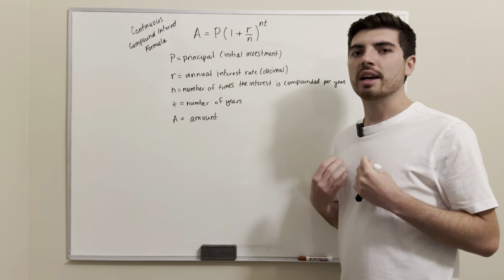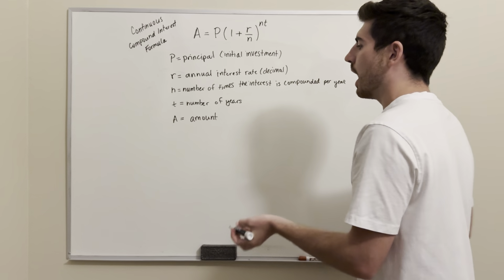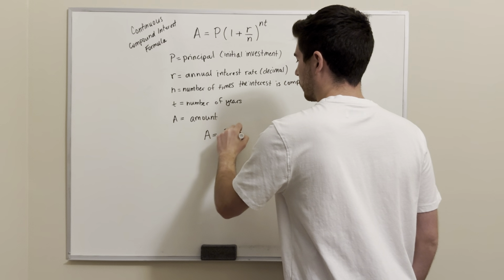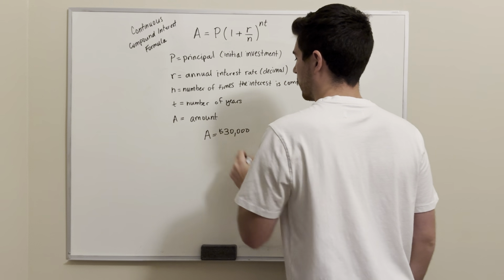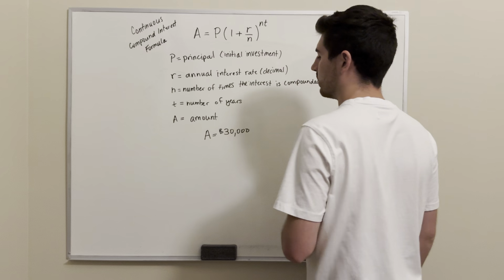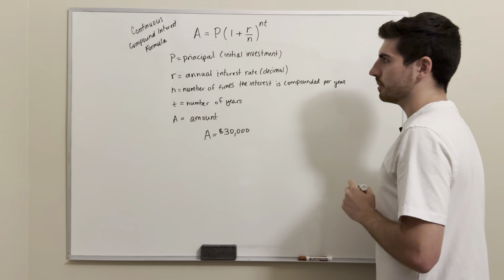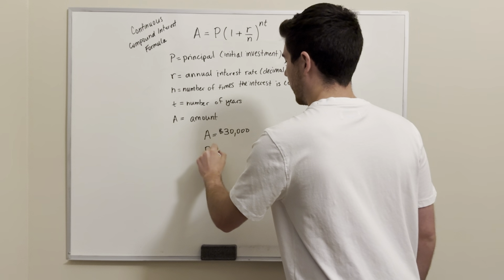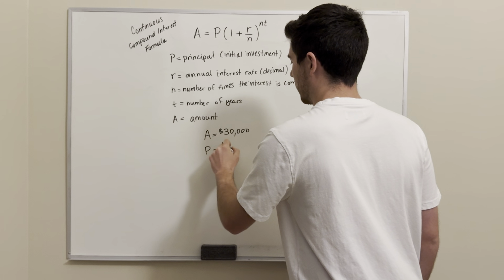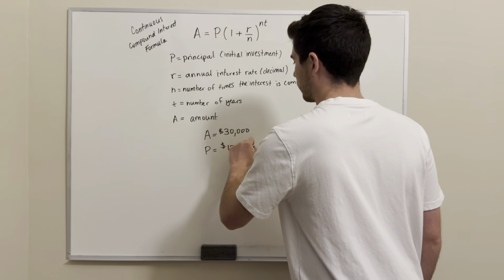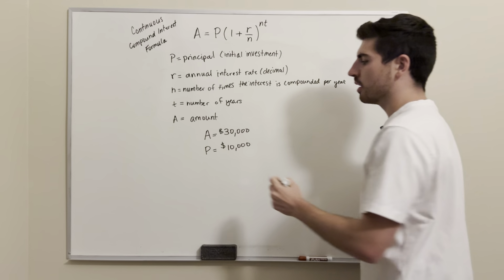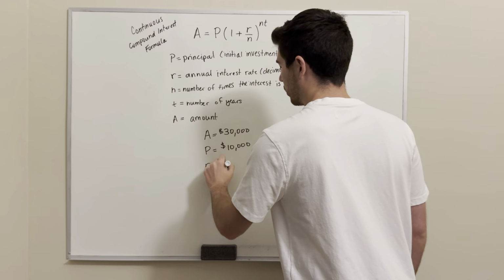So let's say I set a goal for myself where I want $30,000 in my bank account. P is my initial investment. So let's say I have only $10,000 in my bank account right now. And in my bank, the interest rate is just 1%.